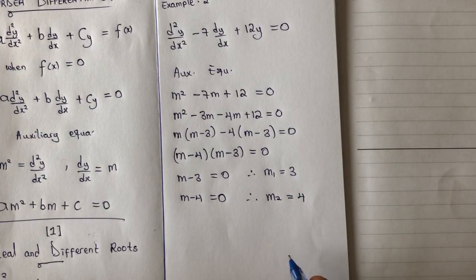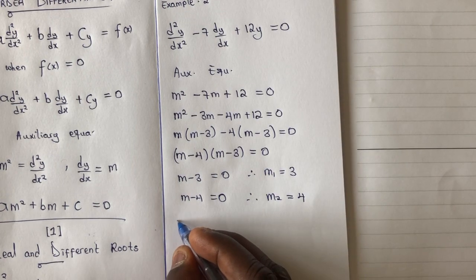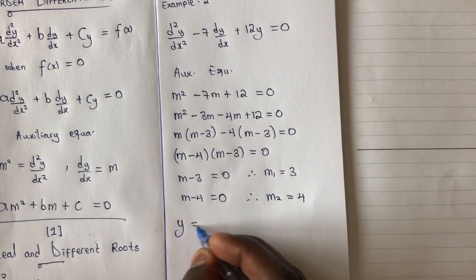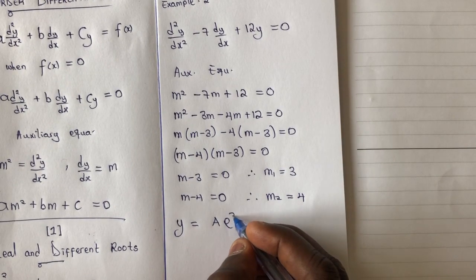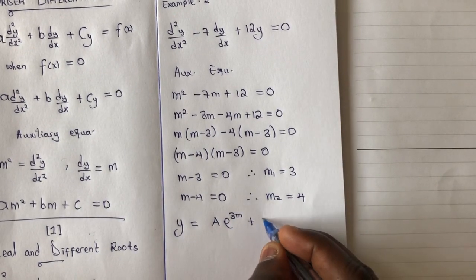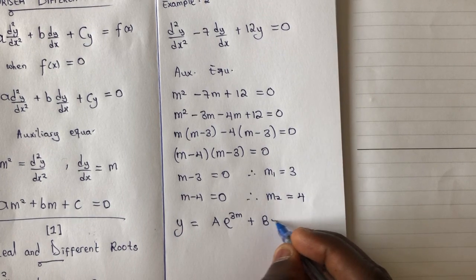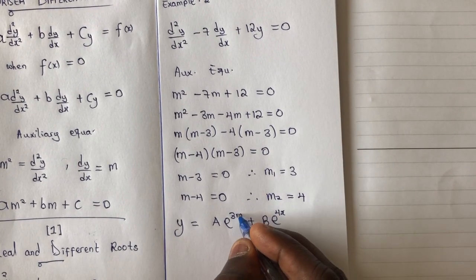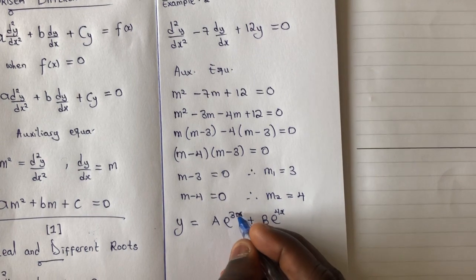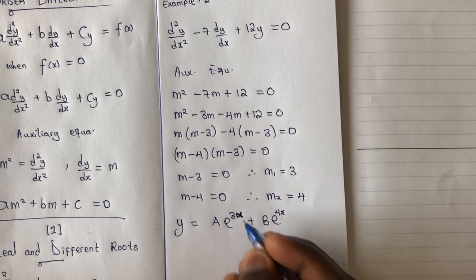And so the solution for the complementary function becomes y equals a e to the 3x plus b e to the 4x. This is supposed to be x, not m. Sorry for that.